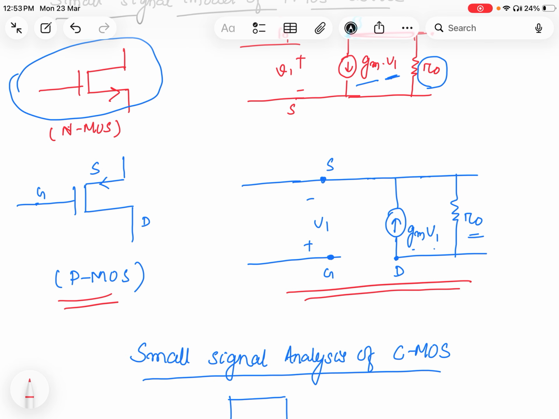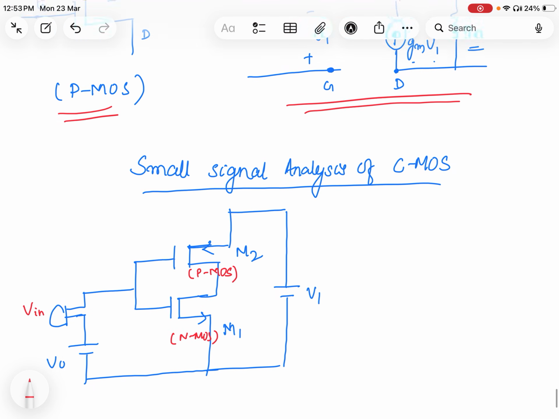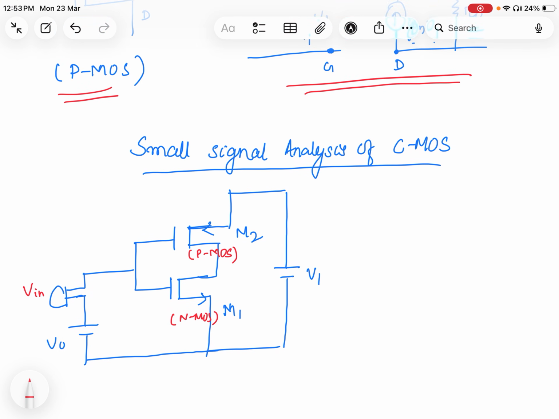Now, if we know the small signal model for both NMOS and PMOS, then we can draw the small signal analysis for the CMOS, because the complementary MOSFET is the combination of NMOS and PMOS. Already you know from digital logic design, when designing different circuits using CMOS, we have a PMOS on the top and an NMOS at the bottom. The same thing we are doing here.